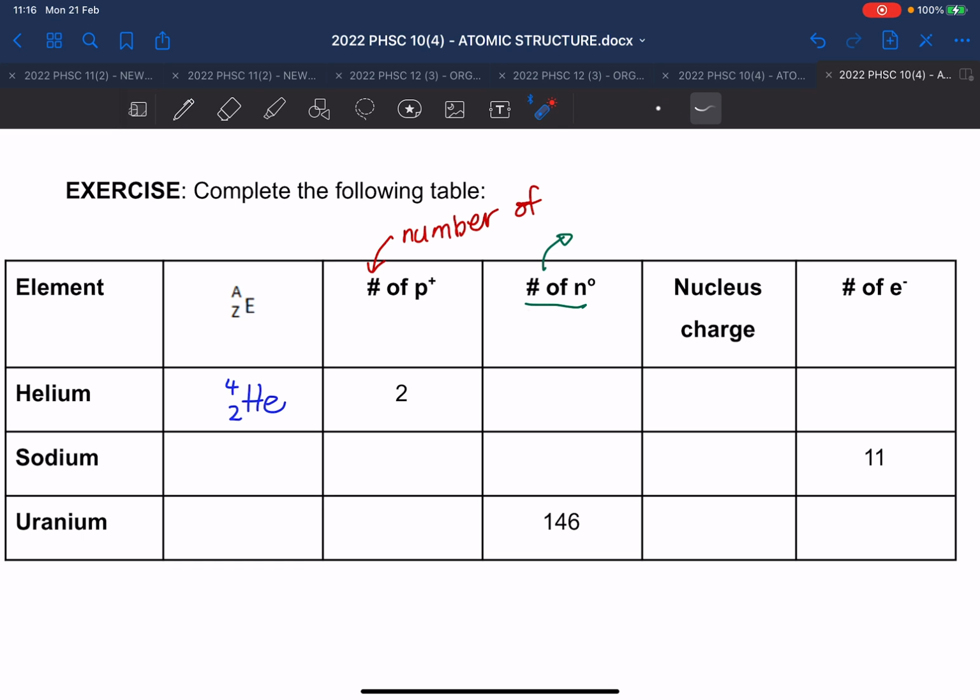How do you calculate the number of neutrons?